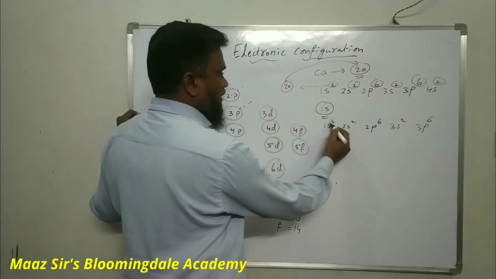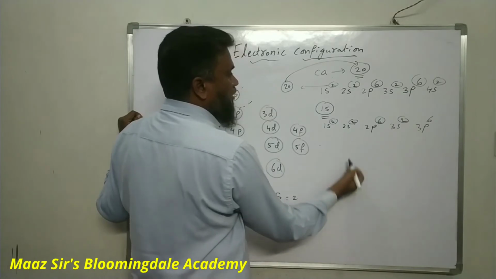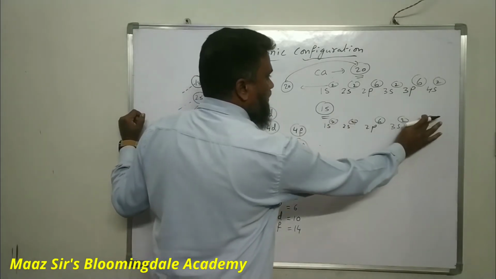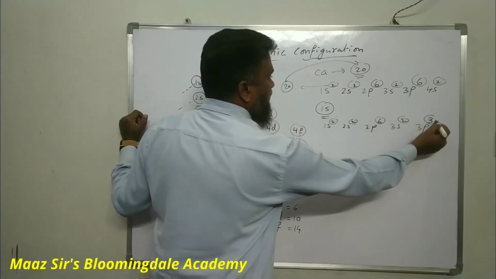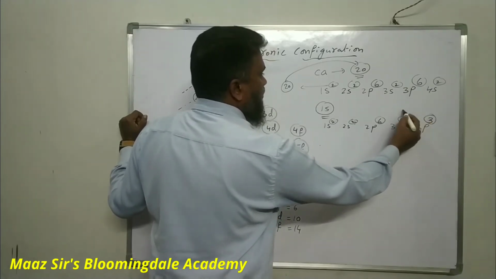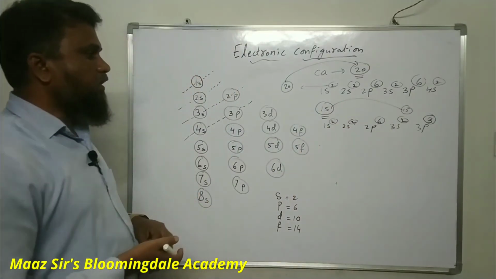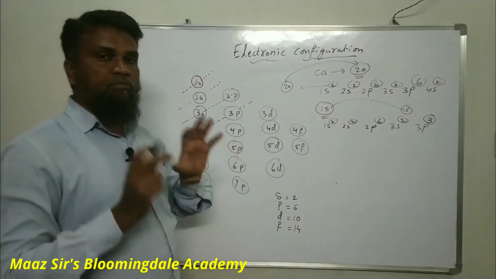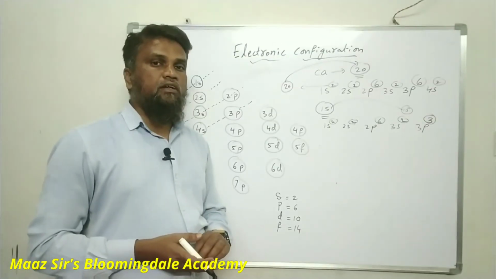Now let us see. 2 plus 2, 4, 4 plus 6, 10, 10 plus 2, 12. So I need 3 electrons here. I can't write 3p6 here. So now total electrons are 15. So both are matching. Is it clear? So you have to see the maximum capacity. Like this you have to write the electronic configuration.